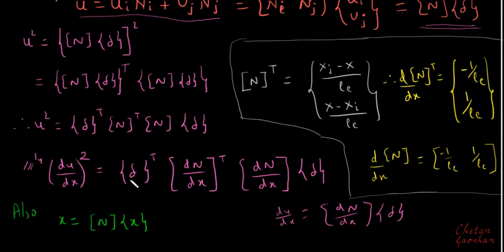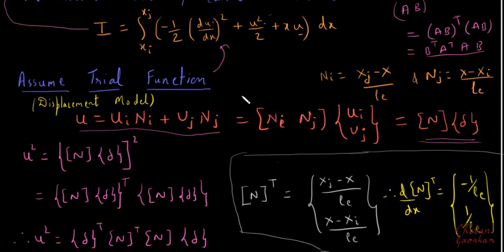So now I have been able to find the value of u dash, u square and (du by dx) whole square, which I will be substituting now in this term and this term.